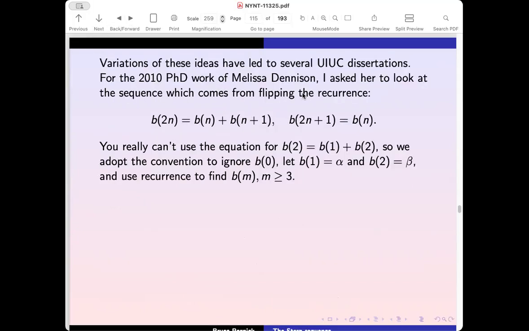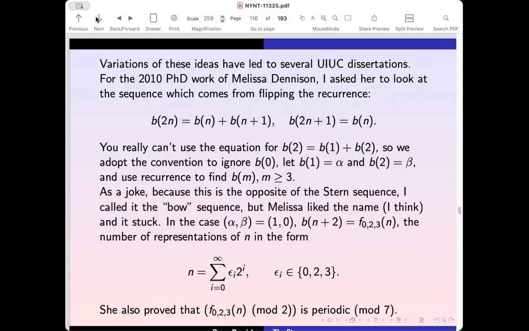Variations of these ideas led to several dissertations. Melissa Dennison, I gave her the recurrence with the second halves reversed, b of n plus 1, and b of n. And you actually have 2 parameters in this discussion. Forgive me on this, because it's the opposite of the Stern sequence, I called it the Bow sequence.